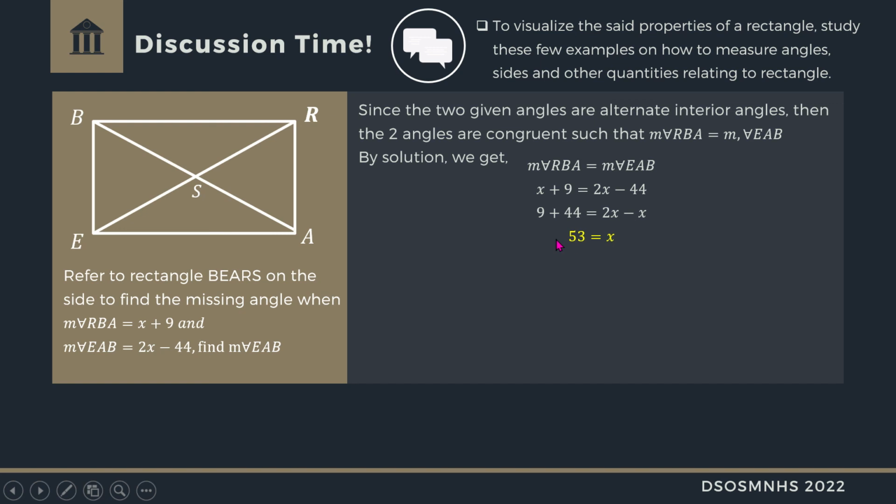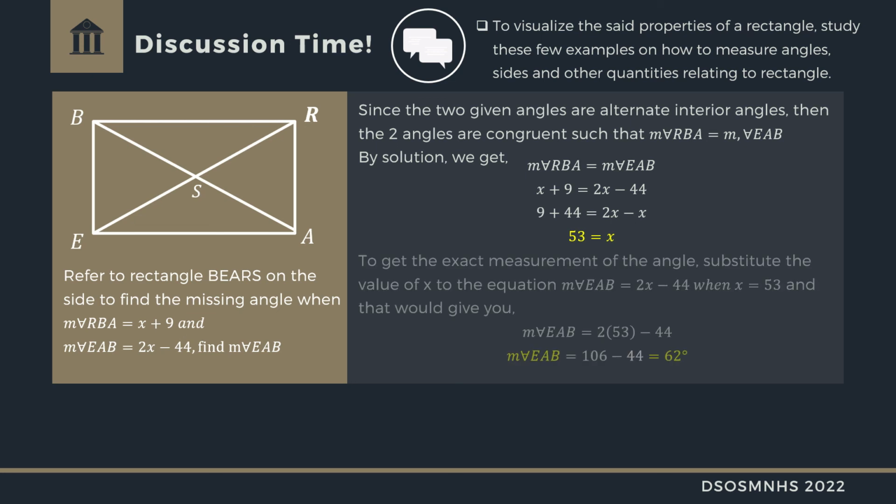So if x is 53, how do we find the measure of angle EAB? To get the exact measurement of the angle, substitute the value of x into the equation, given that the measure of angle EAB is 2x minus 44 when x is 53. So 2 times 53 minus 44. 2 times 53 is 106, minus 44 is 62 degrees.